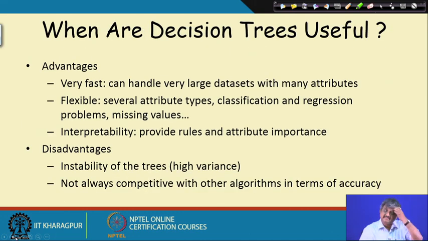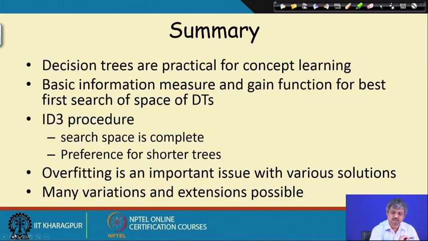These are some of the advantages of decision trees. They are very fast, flexible, interpretable, you can find rules. Disadvantage, it depends very much on the training set you use. And also sometimes you get less accuracy compared to the algorithms we will consider in our next lectures. Here is the summary of the topic of decision trees.